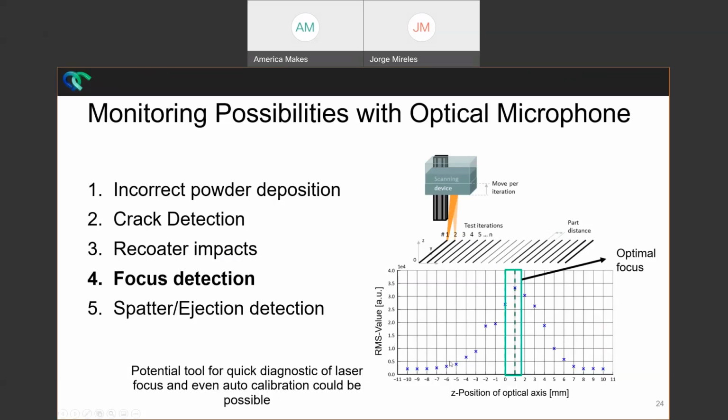And maybe at the optimum focus, you're right at the peak of that bell curve, right? So this has potential for a quick diagnostic of laser focus, or maybe as an auto calibration. If it's integrated in our software, you can do a quick scan and potentially narrow in on whether your system's focused or not.